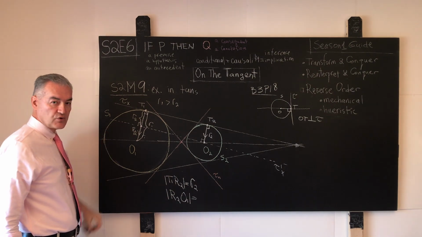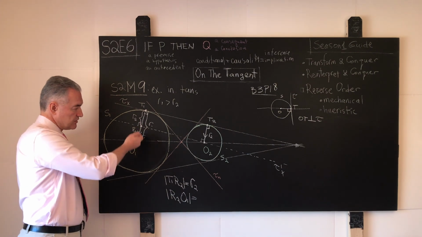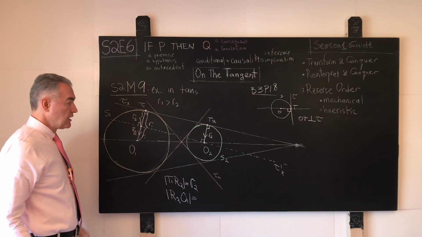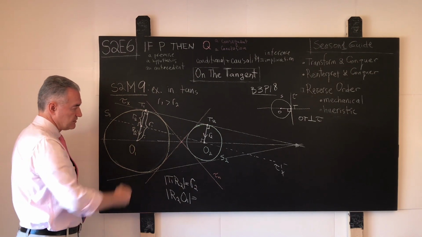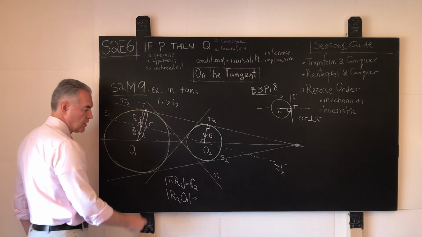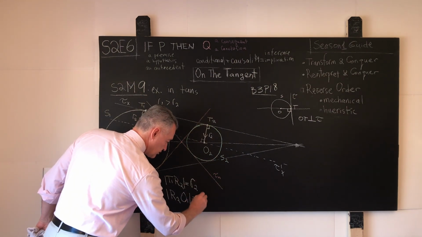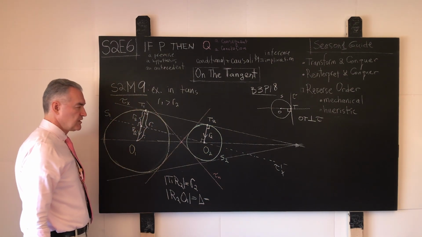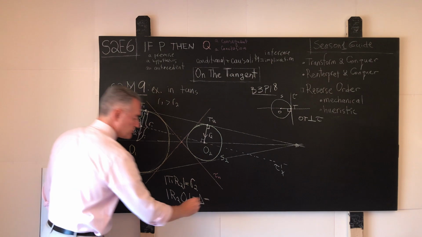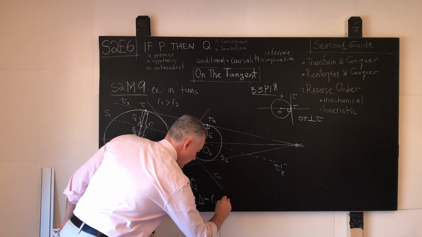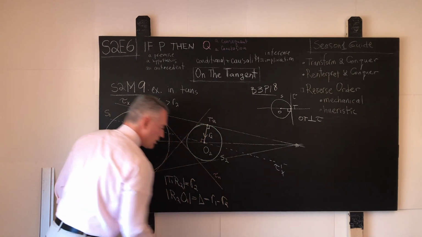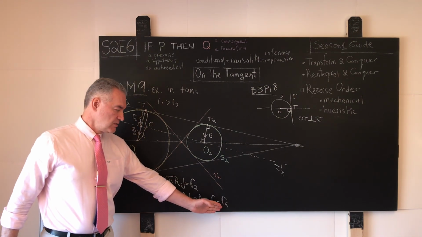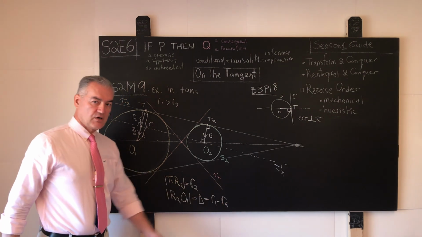What tactically useful information can be extracted from the knowledge of the length of the line segment R2O1? Well, in this case, it is evident that the length of this line segment will be delta. Let's mark it like so, delta, and it will be equal to the difference between the lengths of the radius R1 and the radius R2.